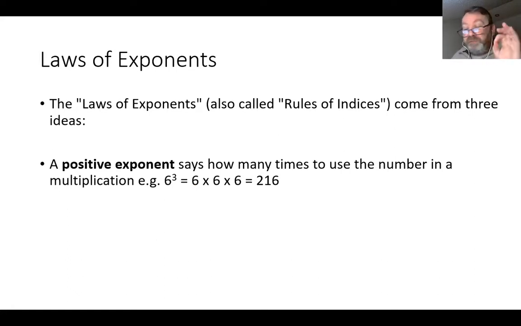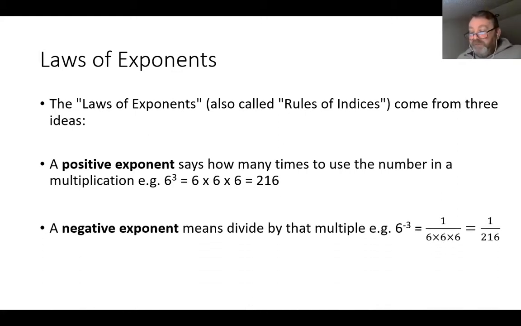If the exponent is positive, you're going to get growth, okay, by multiplication. Now, what's the opposite to multiplication? If a positive exponent gives you multiplication, what's a negative exponent going to give you? And the answer should be staring you in the face. It should give you division. And it does. Watch. A negative exponent means that you divide by that multiple.